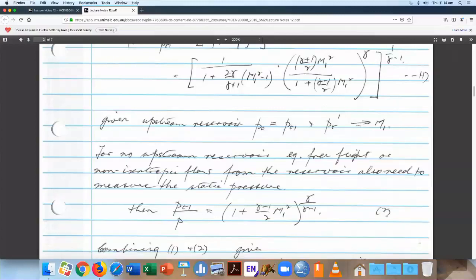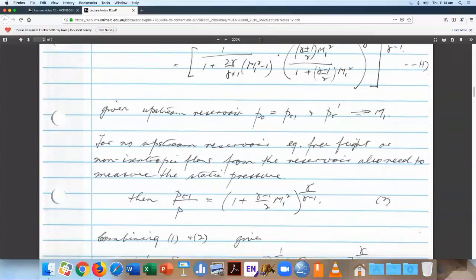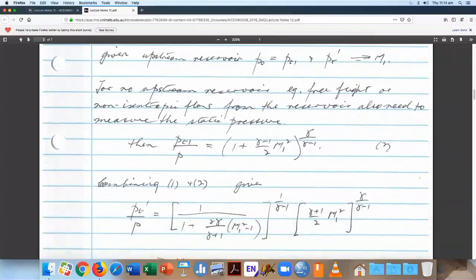So I have this relationship between PT1 and P if I had no shocks. So I have to devise a technique for measuring the static pressure in supersonic flow without shocks. That's subtle. I'm going to show you how it's done.